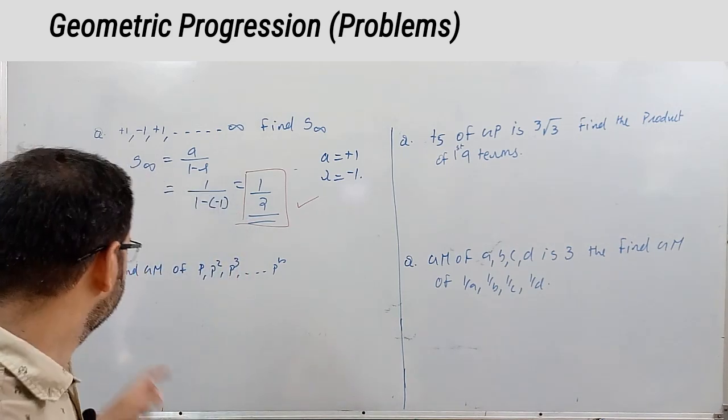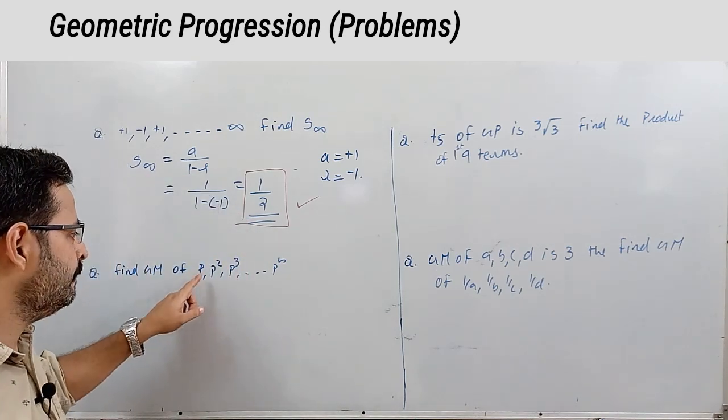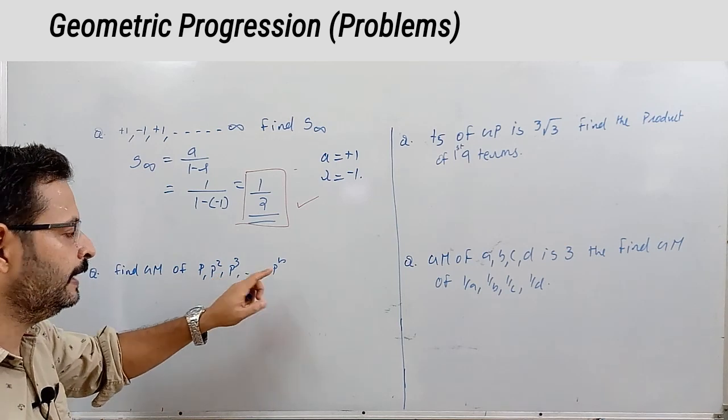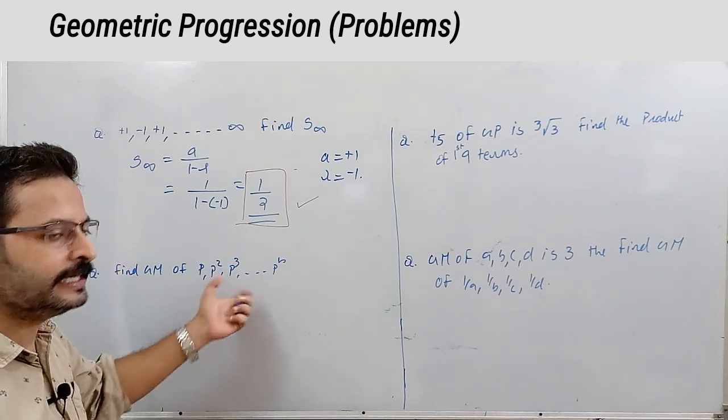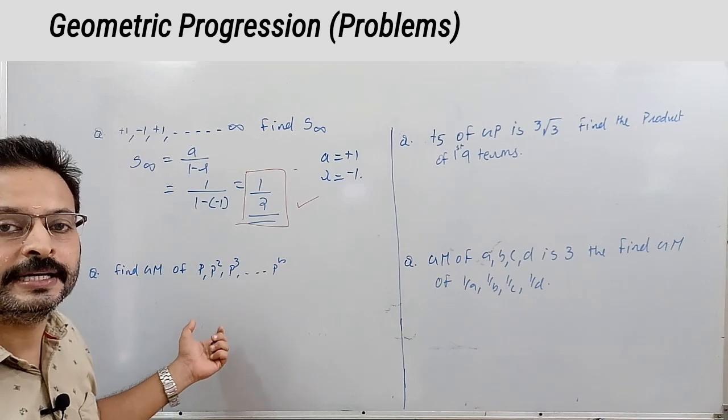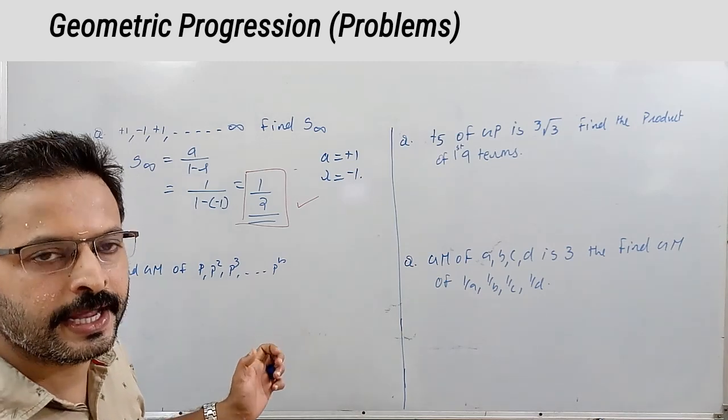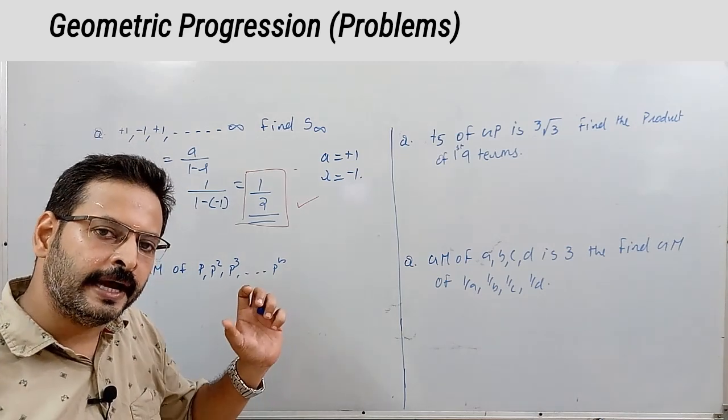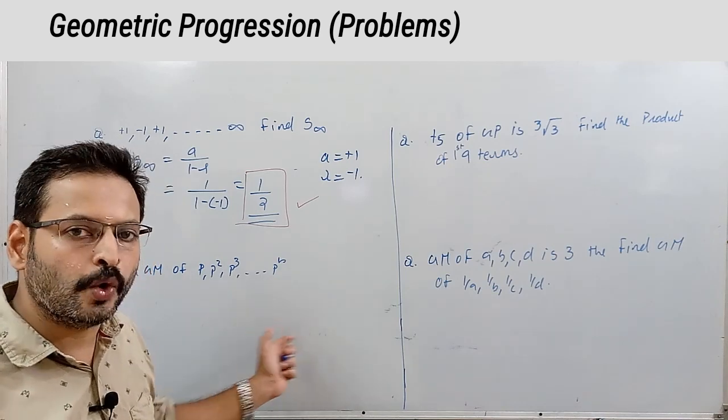Now the next question, find the GM of P, P², P³, etc., P raised to n. That means there are n terms. If n terms are given, then GM, geometric mean, will be the nth root of the product of all the numbers.